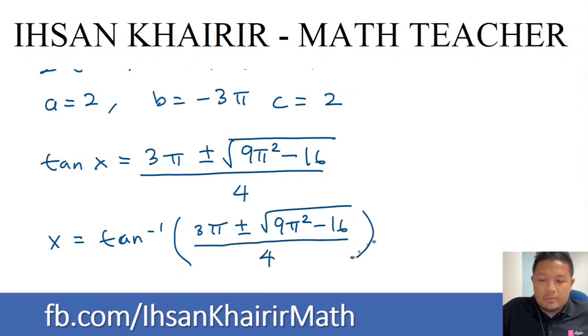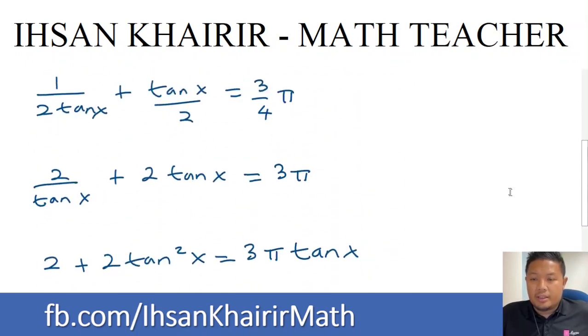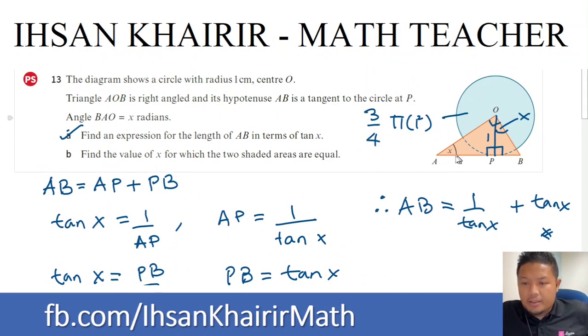And for this one, we can use our calculator. Now, notice that we have a plus and minus here. So we want to decide which symbol to use in order to get a meaningful solution based on the diagram here. It's obvious that x here has to be an angle in the first quadrant.